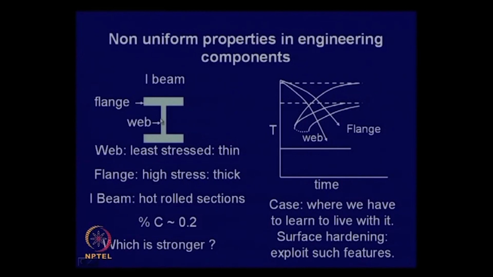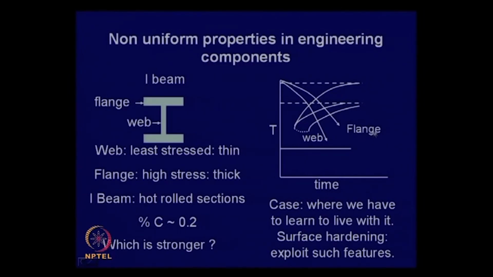Since the section size of the web is small, when it is air cooled, the material in the flange will cool relatively slower compared to the web. Therefore, you expect that the web will have a finer pearlitic structure and be stronger, whereas the flange will cool slower, have more pro-eutectoid ferrite, and have a relatively coarse pearlitic structure.